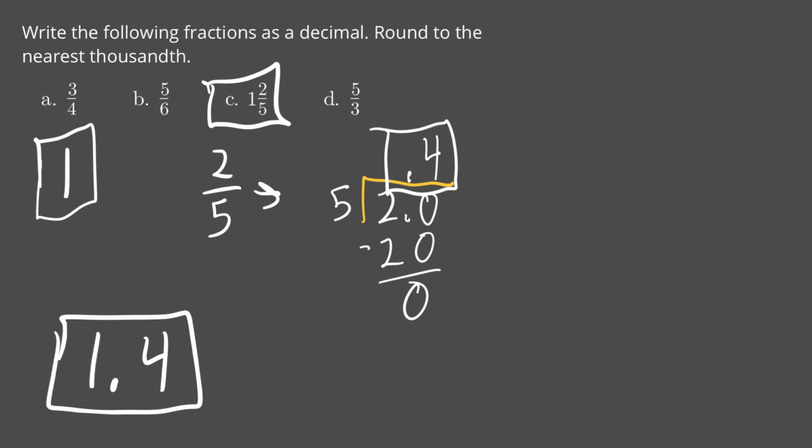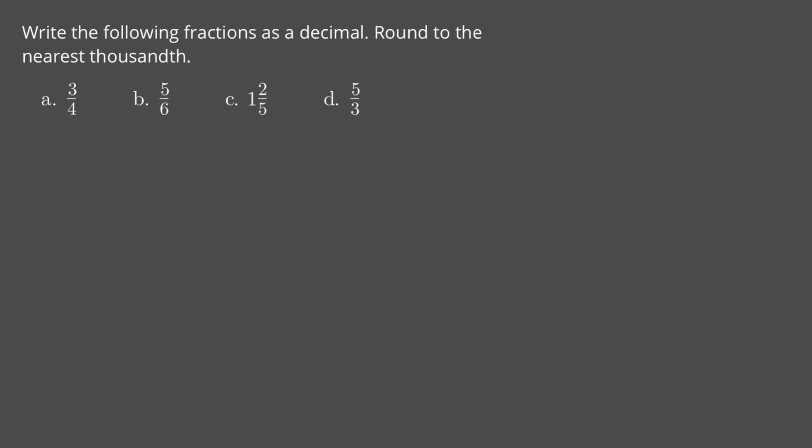That is the first way that we can do part C. The second way we can do part C is by turning the mixed number into an improper fraction. From our previous videos, we know that we take the whole number of 1 2/5, multiply it by the denominator, and add it to the numerator.